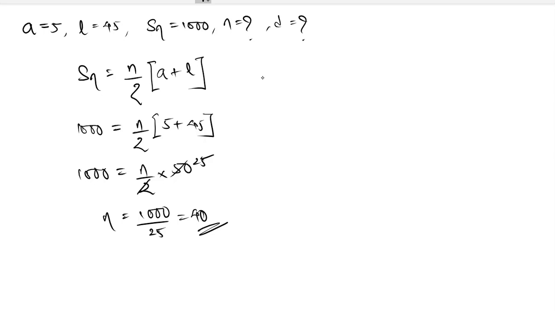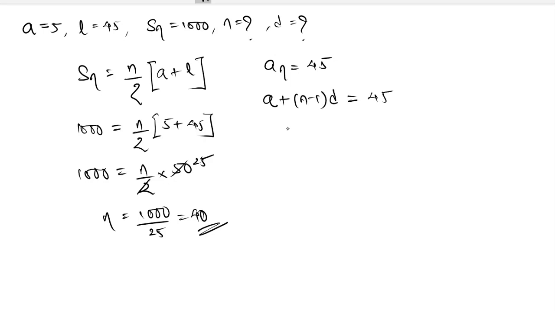Okay, let's pay attention over here. n is 40. After knowing n, what can we find? Actually, we can find the common difference. We know if we take nth term as 45, which is the last term, we can put the formula here. The formula for nth term is a plus n minus 1 into d, which is 45.